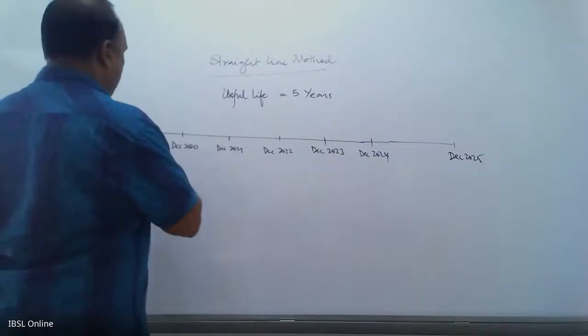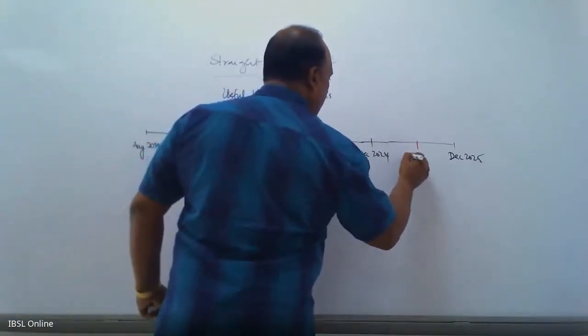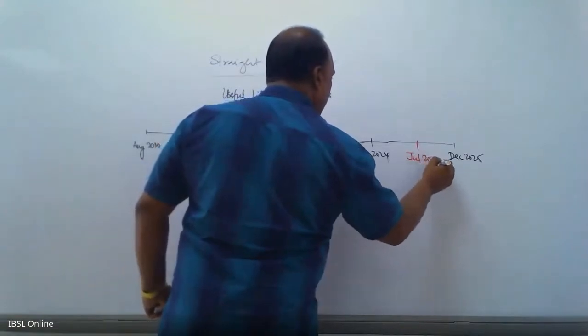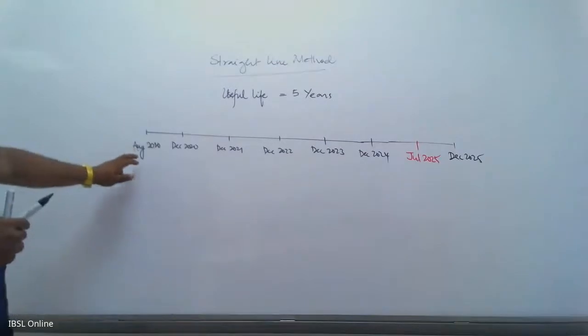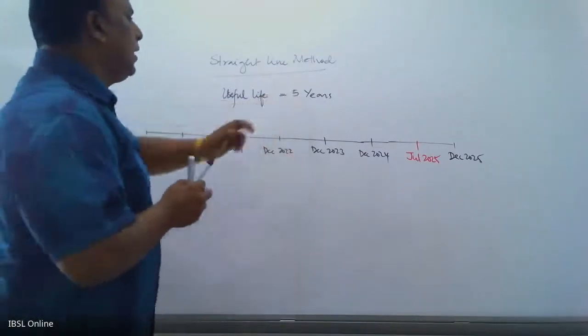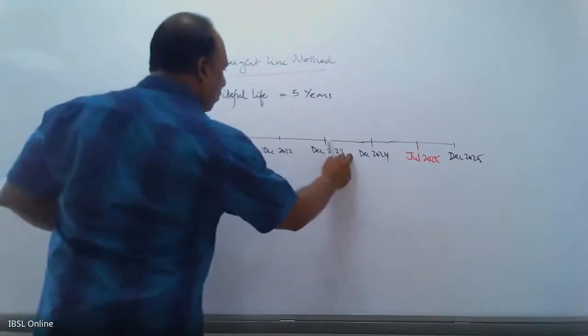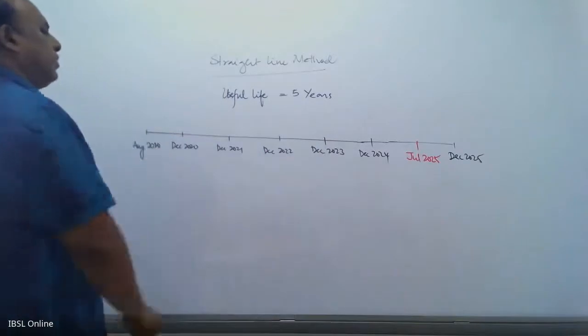But now going by the principle, you have started in August 2020, so your 5 years will complete 1, 2, 3, 4, and the 7 months of this and the 5 months of this.